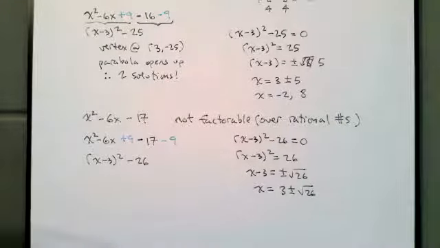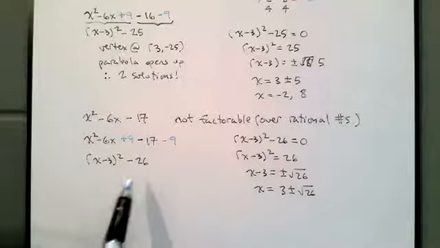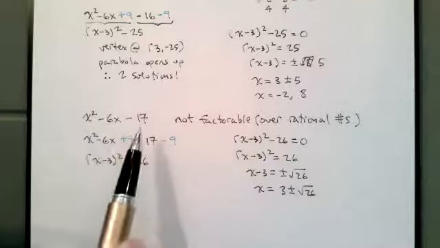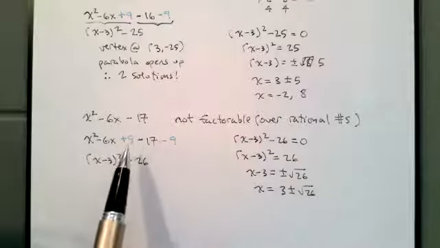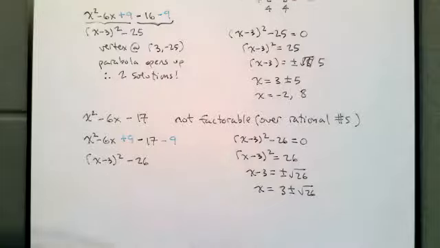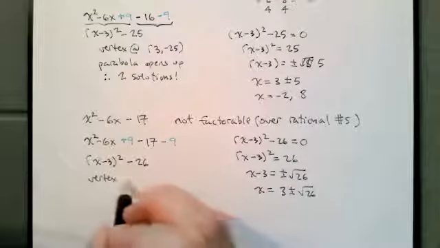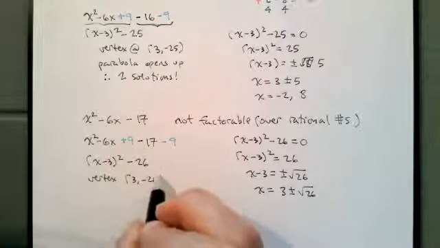But one of the things that we miss out on is when we complete the square, we get all kinds of extra information just by looking at x squared minus 6x minus 17. With a +9 and a -9, I know I'm going to have a -26 out here. So now I know that the vertex is at (3, -26).